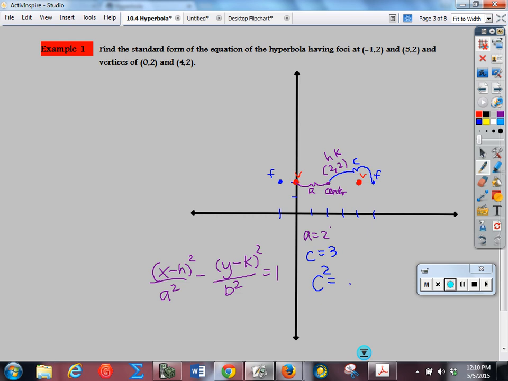That's this one. A squared plus B squared equals C squared. So this is just going to be 9 equals 4 plus B squared. So B squared equals 5.